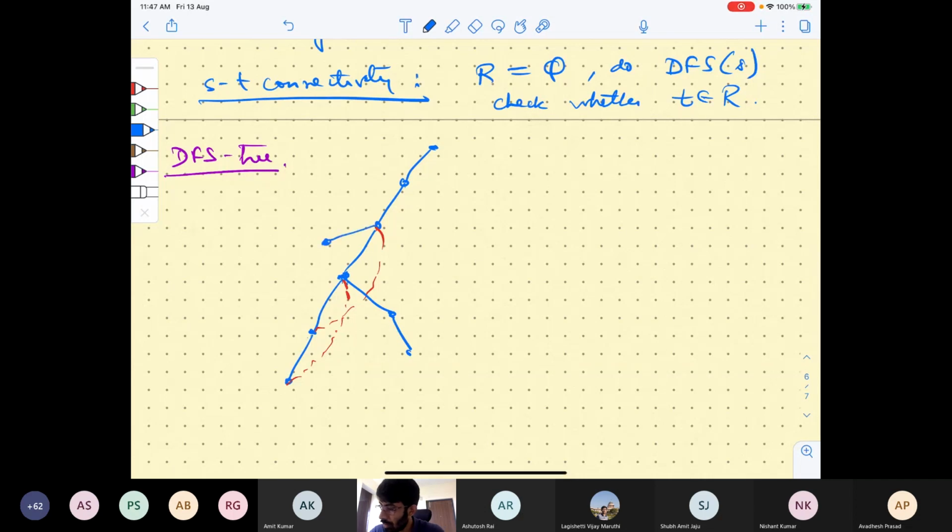So let's not clutter the slide by drawing in a bad way. This can happen, this can happen, and then finally you can go up and then do this.